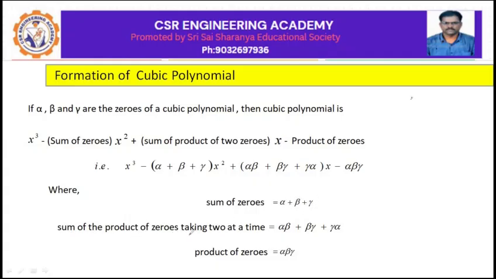Sum of the product of zeros taken two at a time is equal to alpha beta plus beta gamma plus gamma alpha. Product of zeros is equal to alpha beta gamma.